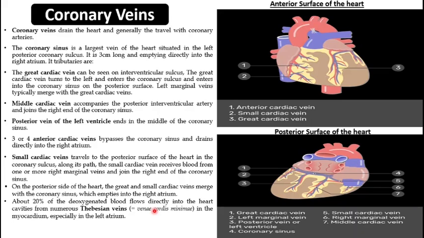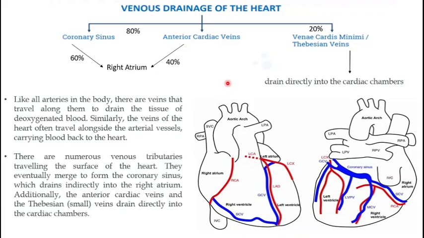So around 20% of the deoxygenated blood drains directly into the chambers of the heart. The venous drainage of the heart is by the coronary sinus, the anterior cardiac veins, and the venae cordis minimae or Thebesian veins. 80% of the deoxygenated blood is drained into the right atrium, and in that 80%, 60% is received by the coronary sinus and 40% by the anterior cardiac veins.